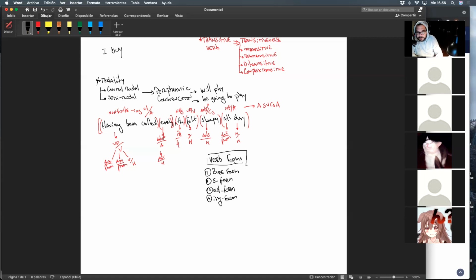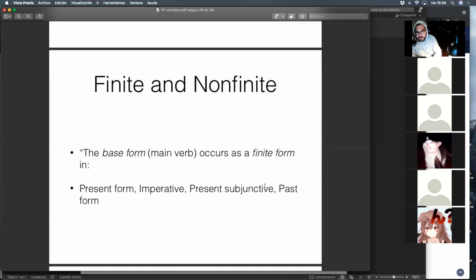Right? So play, plays, played, playing, right? The base form, main verb, occurs as a finite form in, right?